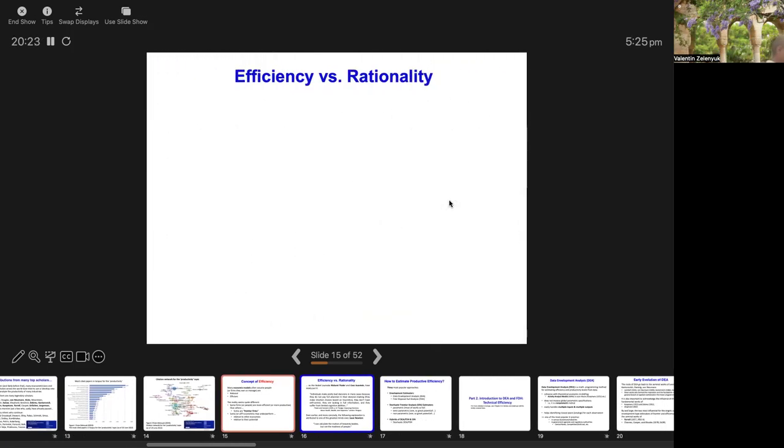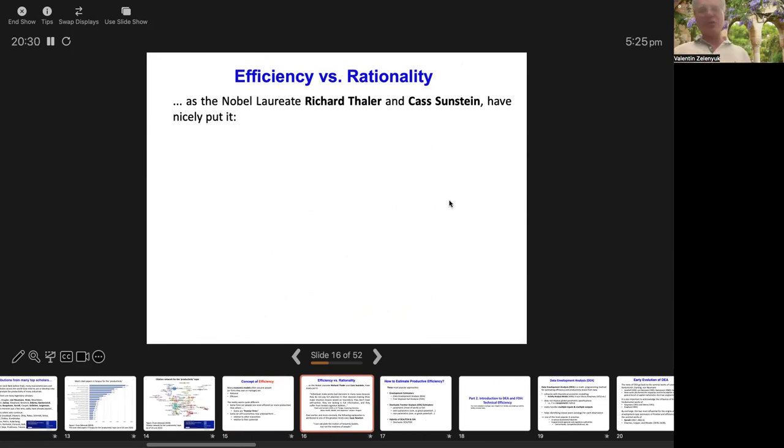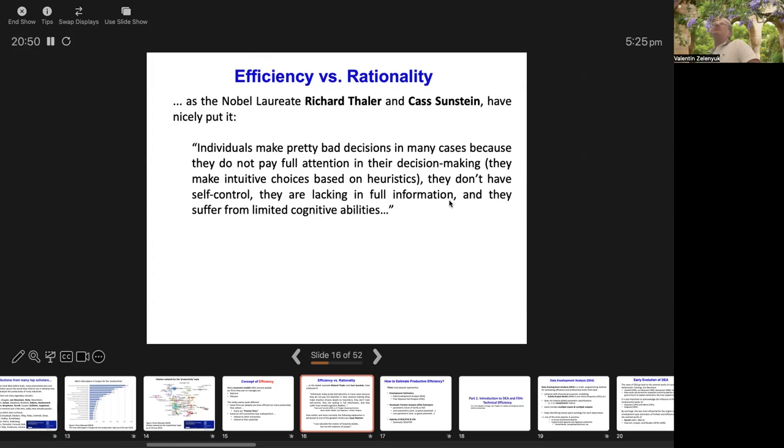Another kind of memorable quote that I found and would like to give to you about rationality versus efficiency is referring to a book by another Nobel laureate, Richard Thaler, and Cass Sunstein. They very nicely described in the entire book, but in particular this quote, why some people could be irrational or behaving as if they are not rational. Let me read it for you.